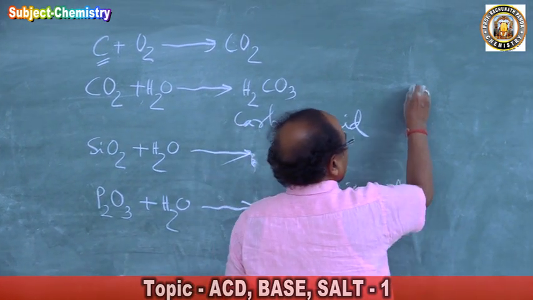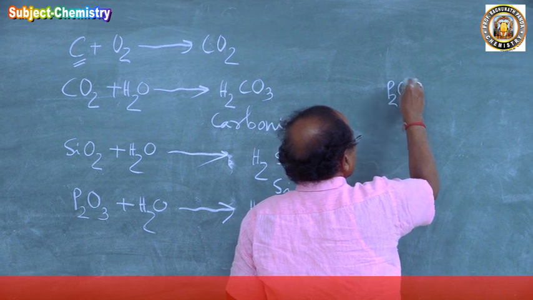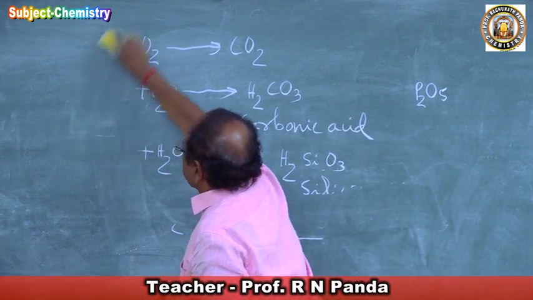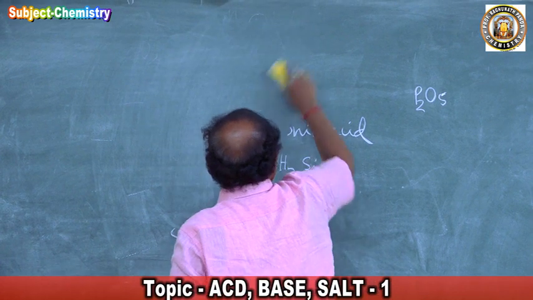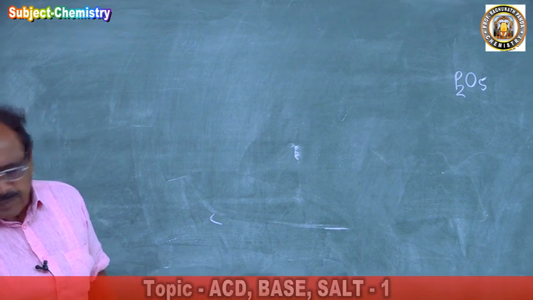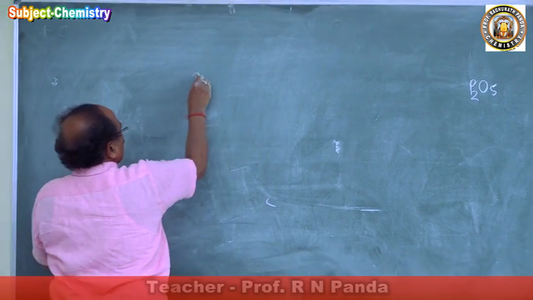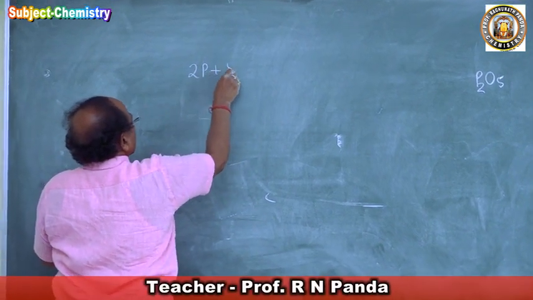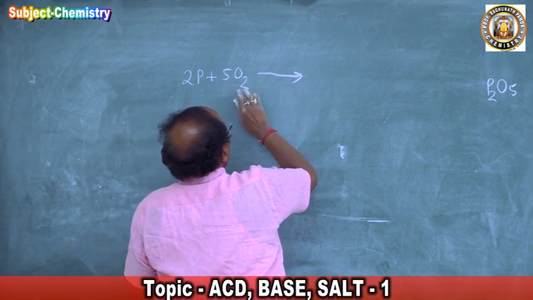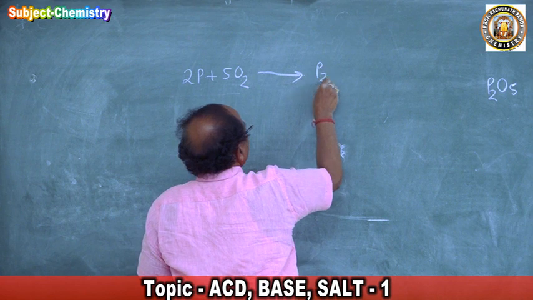Similarly, you have P2O5, phosphorus pentoxide. Phosphorus pentoxide is an oxide of phosphorus, and phosphorus is a non-metal. Phosphorus combines with oxygen to form phosphorus pentoxide. 2 phosphorus combined with 5 O, or you can say P2O5.